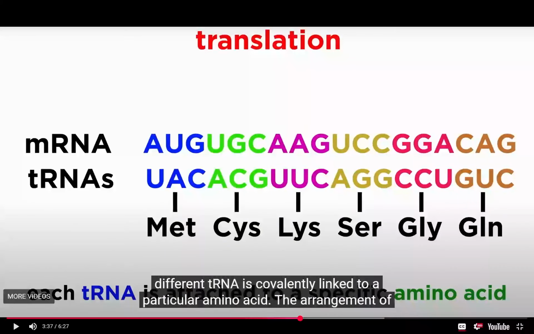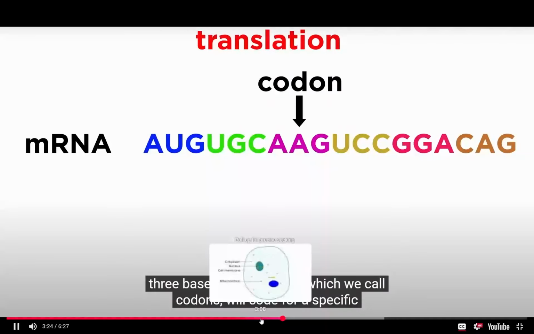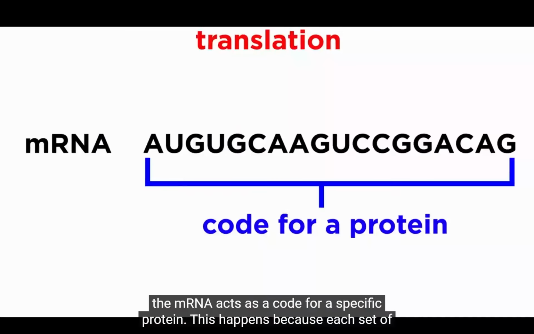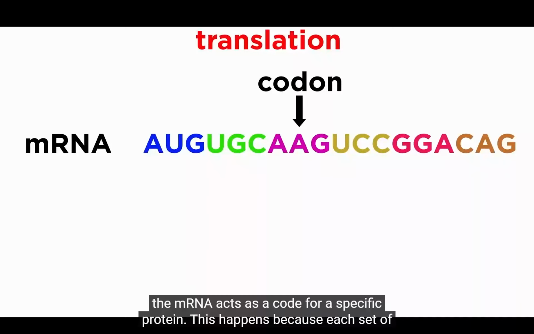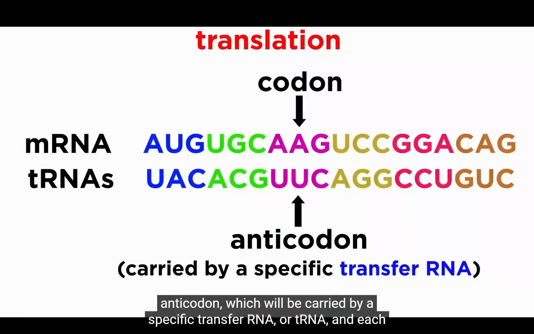I'm actually going to go back 10 seconds to rewatch that. The arrangement of the nucleotides bases on the mRNA, which we call cytoplasm, where it will find a ribosome. The mRNA acts as a code for a specific protein. This happens because each set of 3 bases on the mRNA, which we call codons, will code for a specific anticodon, which will be carried by a specific transfer RNA, or tRNA.